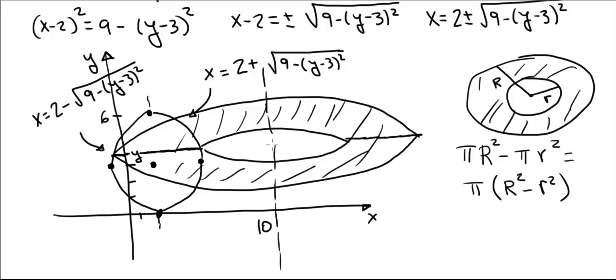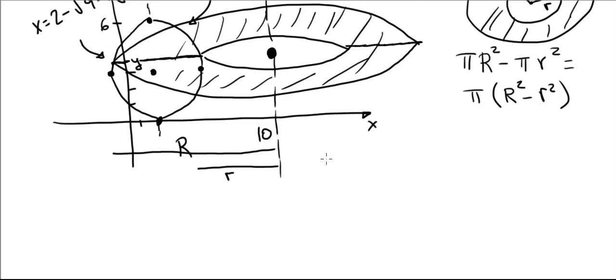For our case, the center of this washer is on the axis of rotation, the line x = 10. The big radius goes all the way to here. That's our big R. And the small radius goes all the way to here. That is little r. We want to express these as functions of y.